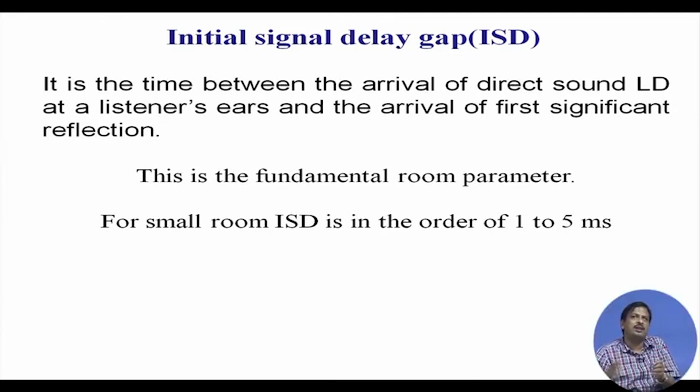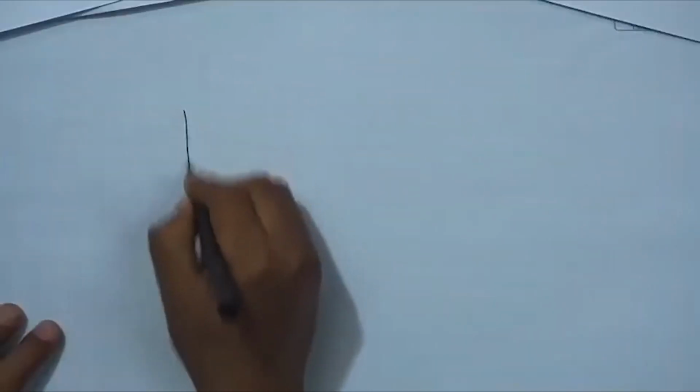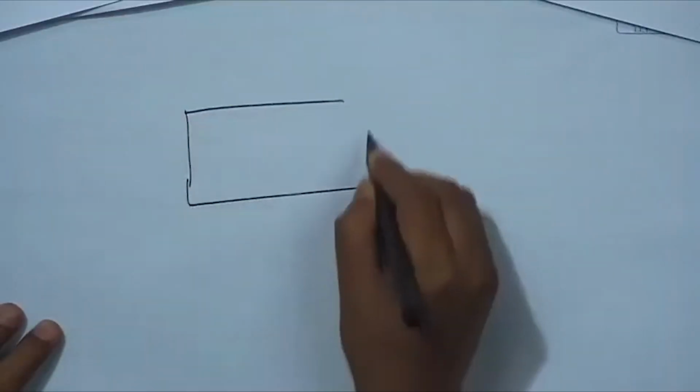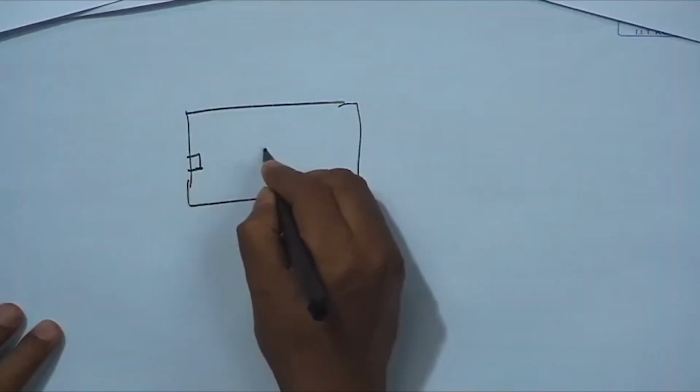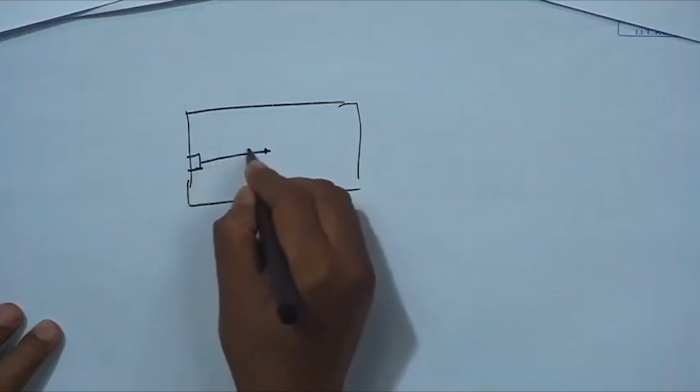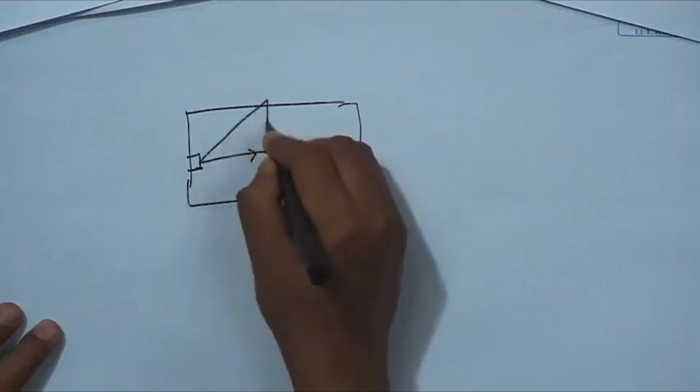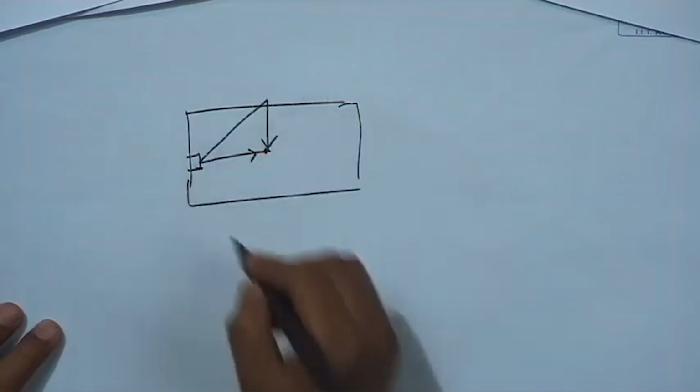So, if in any enclosure room I play a sound source, then at any point from the source there will be a direct sound and a number of reflected sounds. Suppose this is an enclosure room and there is a source here; at this point there will be a direct sound and reflected sounds from different reflection paths.